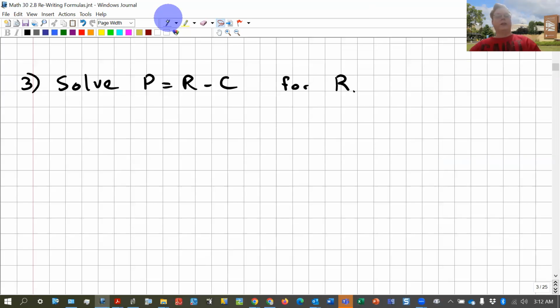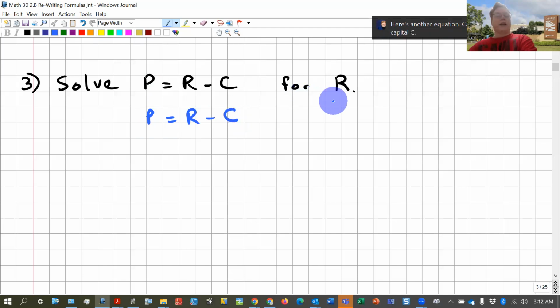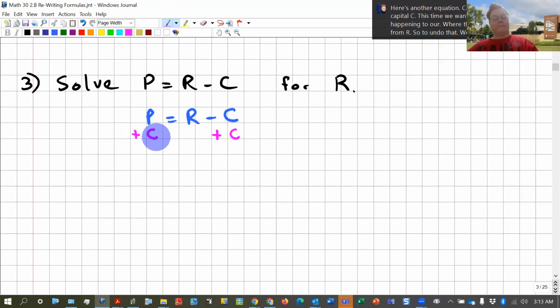Here's another equation. Capital P equals capital R minus capital C. This time we want to get R by itself. What's happening to R? The formula is subtracting C from R. So to undo that, we need to add C to both sides.